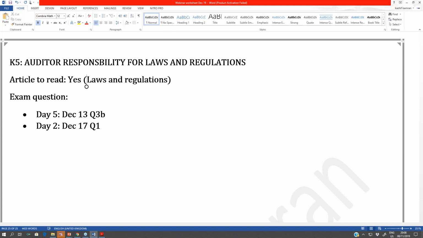Once that is done, you take a question from the past paper which pertains to that article and try to solve it, right? So this should be your methodology of how you should go with articles, and then connect articles with exam papers. I hope everyone is sound and clear on that.